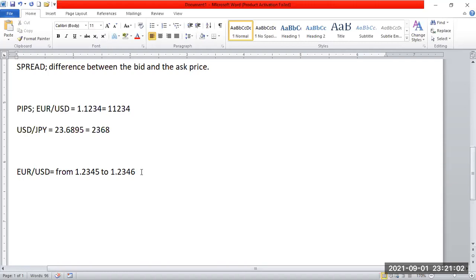Let's say initially you need 1.2345 USD to purchase 1 euro. But now euro has appreciated, USD has depreciated. The figure here going higher does not mean the currency is appreciating. Just understand this in depth. Formerly, you needed 1.2345 USD to buy 1 euro, but now you are needing 1.2346 USD to buy 1 euro.